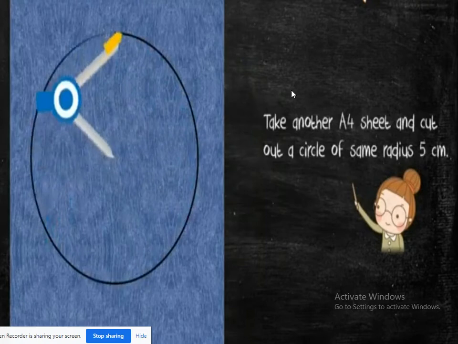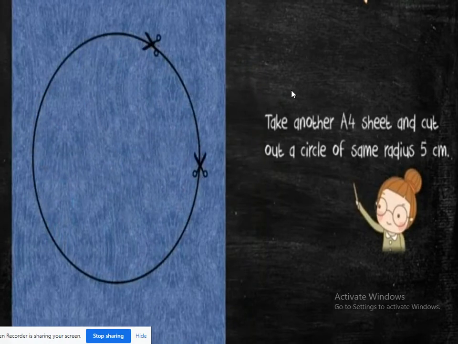Next, take another sheet, A4 sheet paper, draw a circle of same radius 5 centimeter. Take another any colored sheet you want, but you should have three different colored sheets. Similarly, take the second sheet, draw a circle again of the same radius 5 centimeter, again cut that circle.